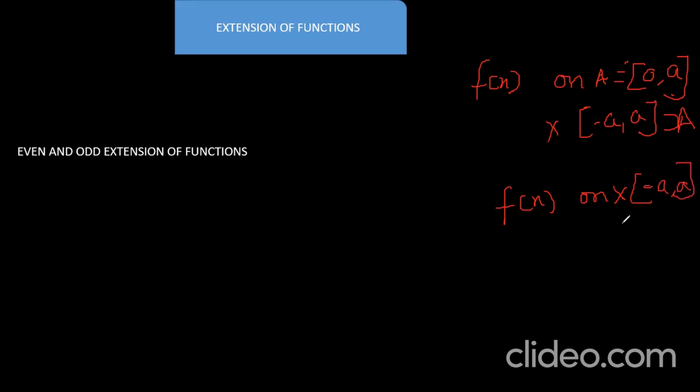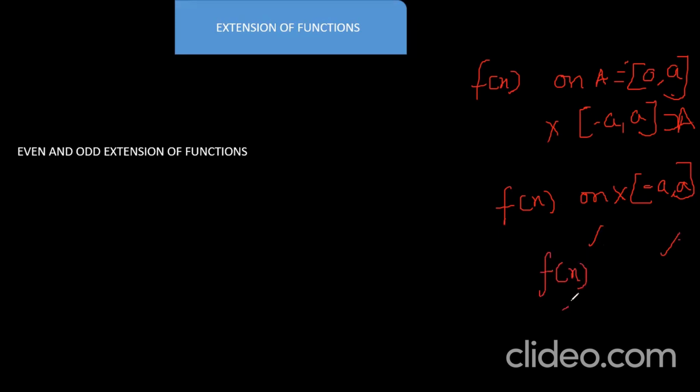If I take like this, then X is nothing but minus a comma plus a, which is a superset of A. Then the extension of f of x on X from A will be an even or odd extension.